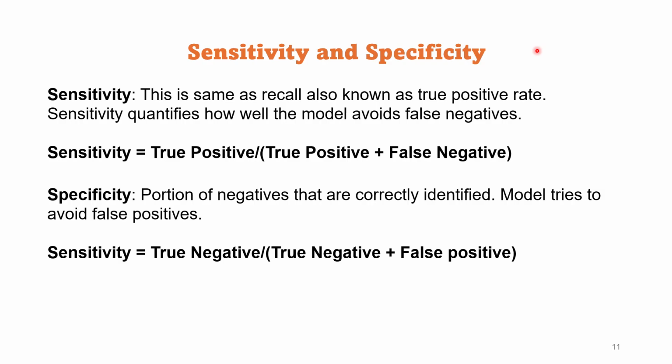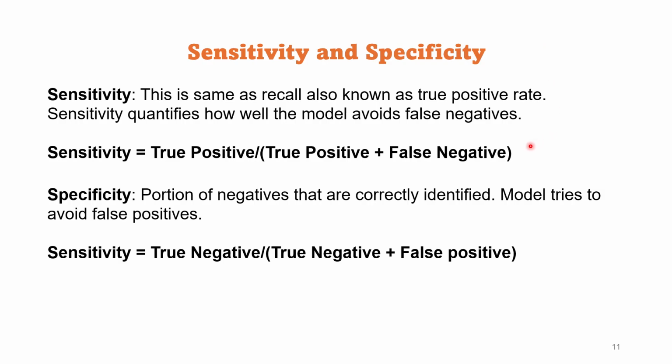Use sensitivity to avoid missing out on serious test results. Use specificity for confirming test results. Sensitivity and recall are the same. The term recall is used in machine learning. The term sensitivity is used in statistics.